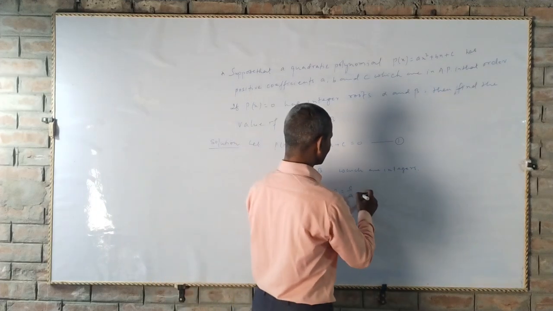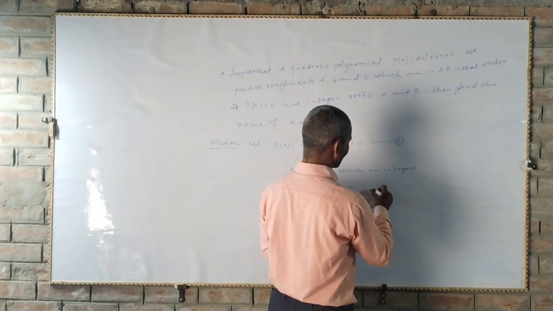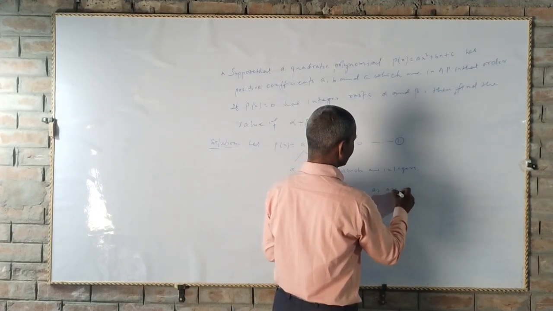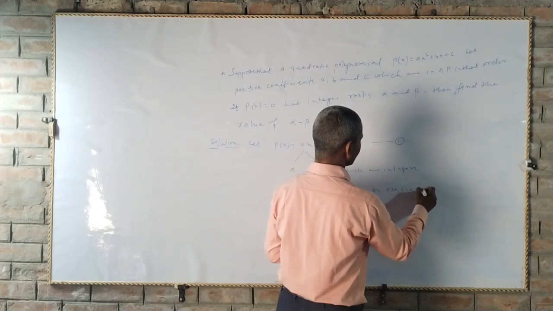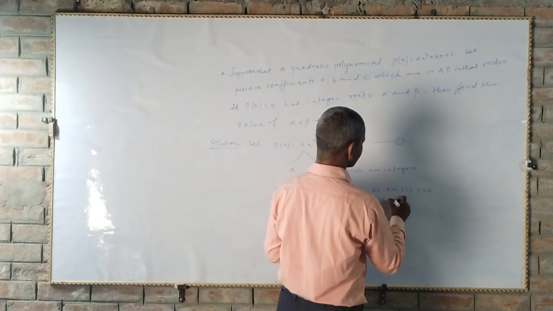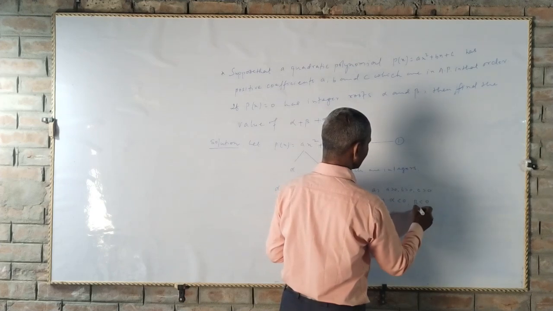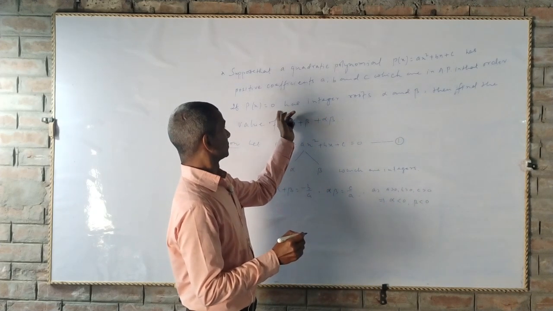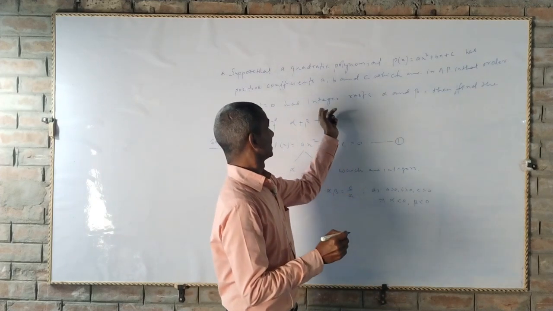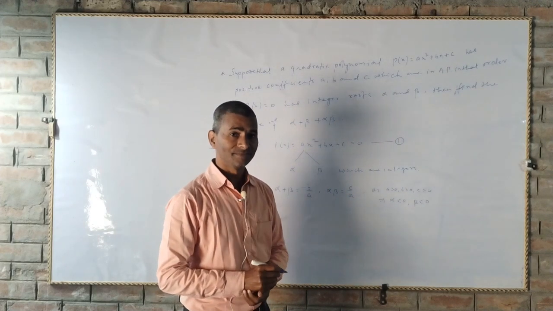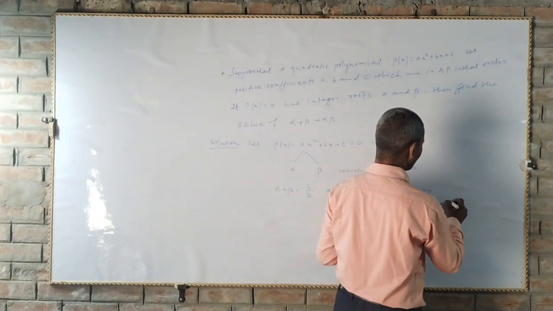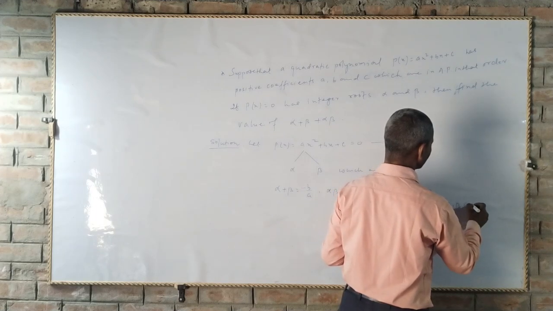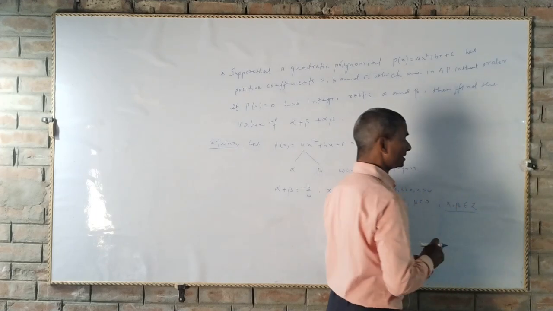So here we write the conclusion that as a greater than 0, b greater than 0, c greater than 0, which implies alpha must be negative and beta must be negative. Also it is given that these roots are integers. It means alpha and beta belong to Z, that is the set of integers.